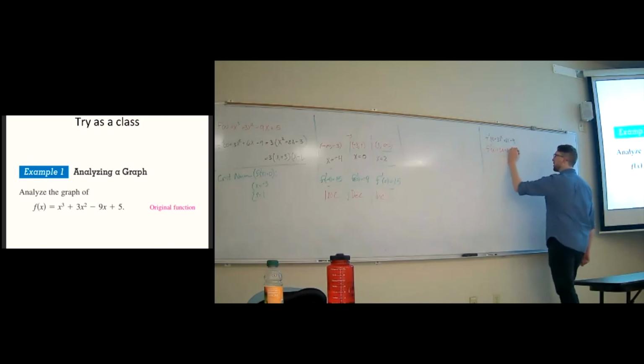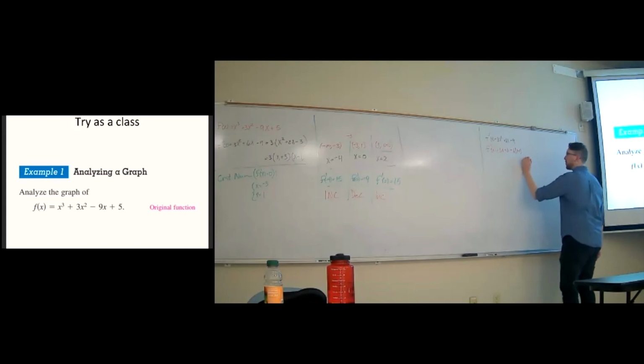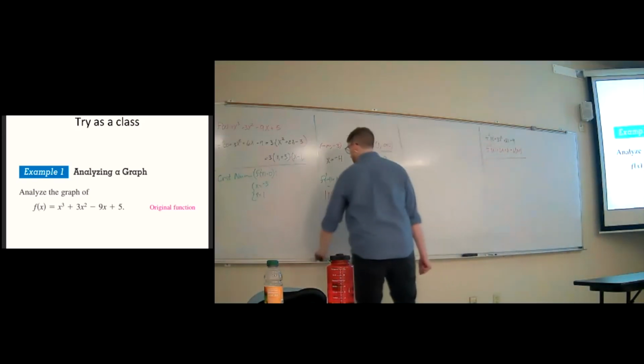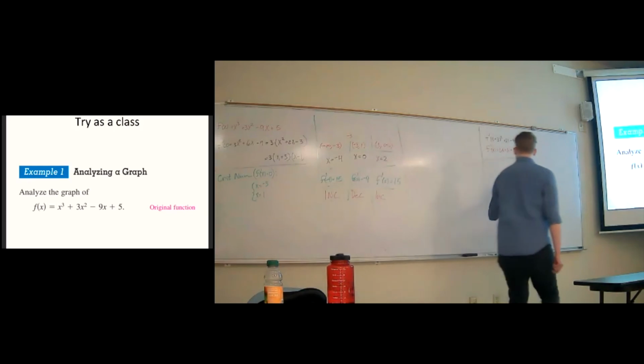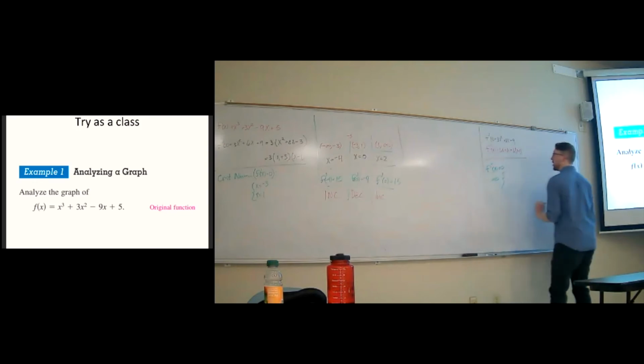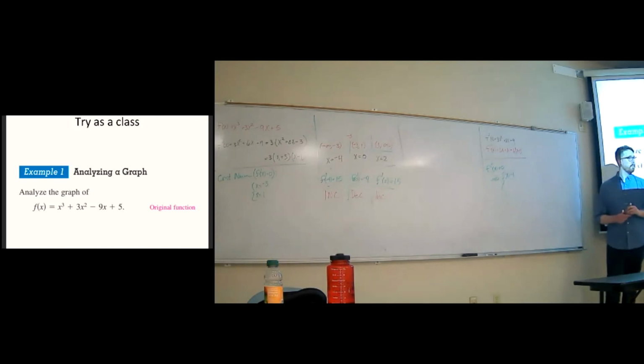Pull out that 6, get x plus 1. So f double primed of x equal to 0 implies x is equal to negative 1, right?